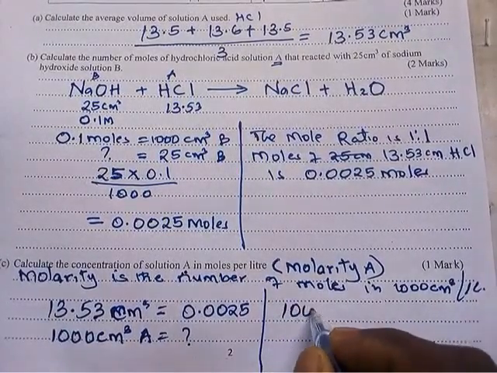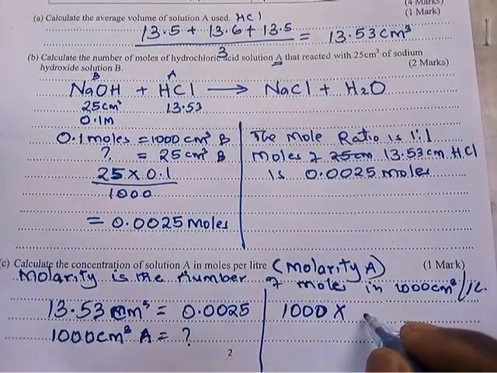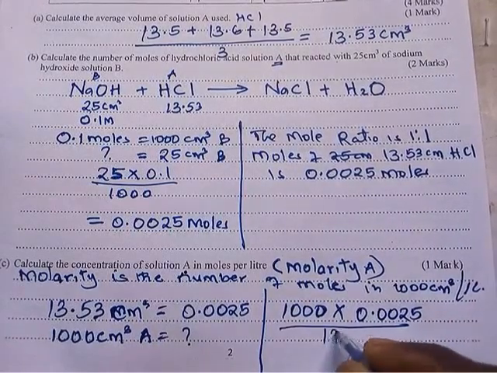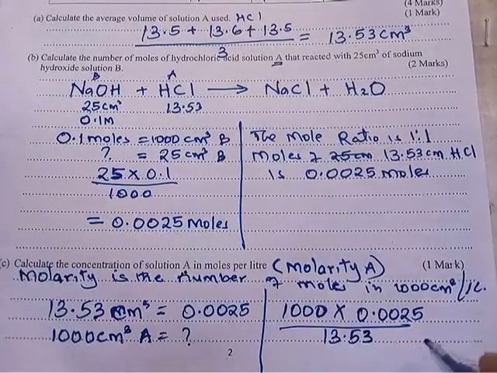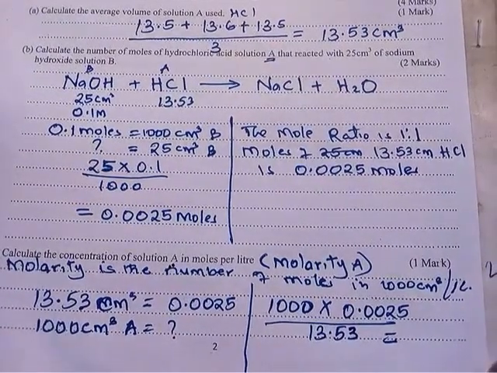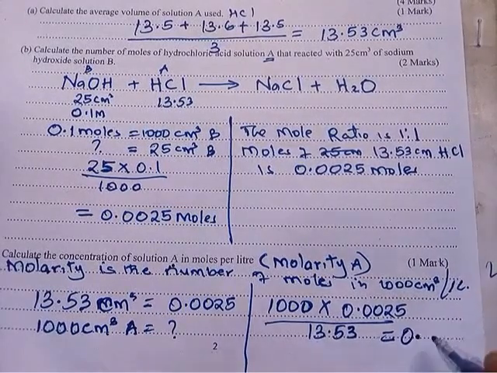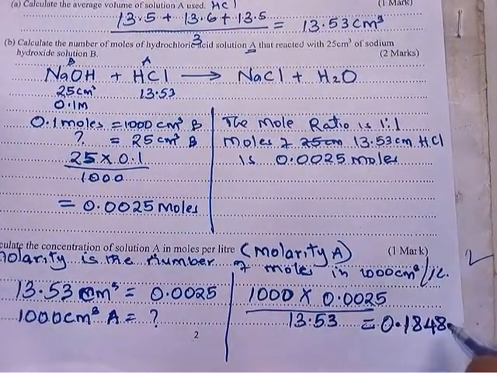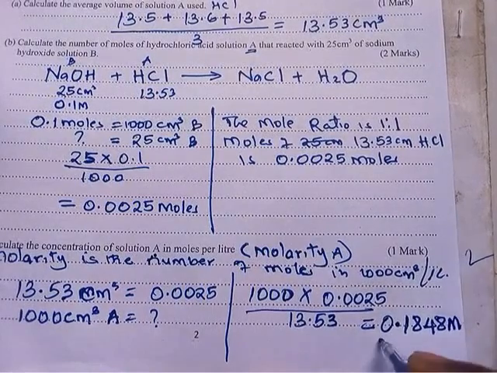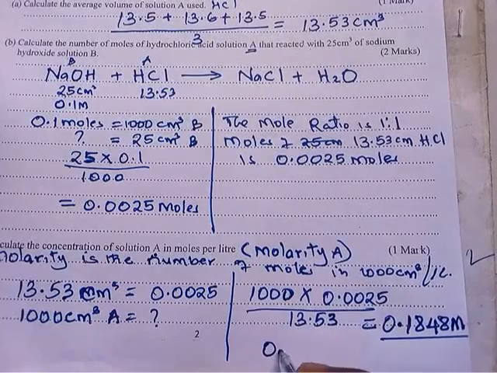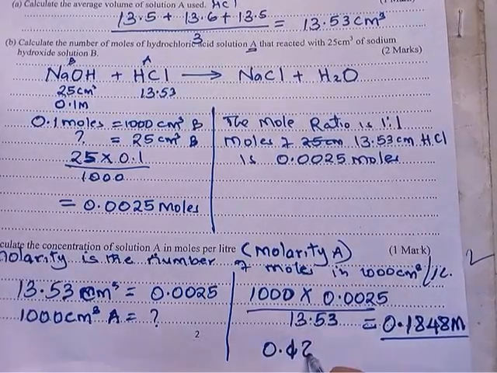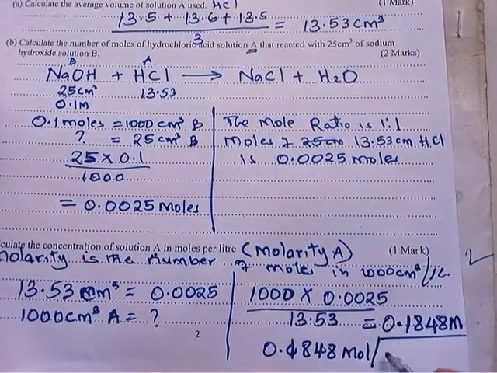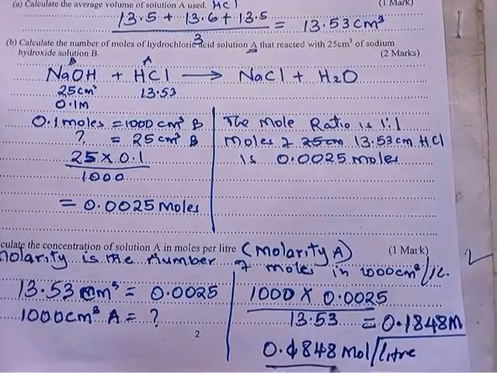That is now 1000 times 0.0025 divided by 13.53, and this will give us 0.1848 capital M. That is molarity, or you can as well write 0.1848 mole per liter. That one is acceptable.